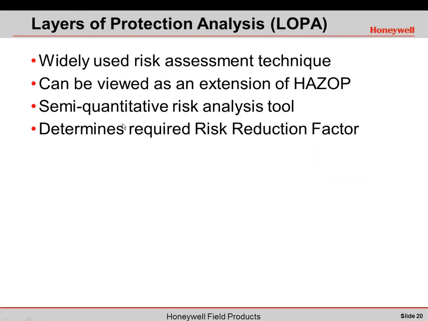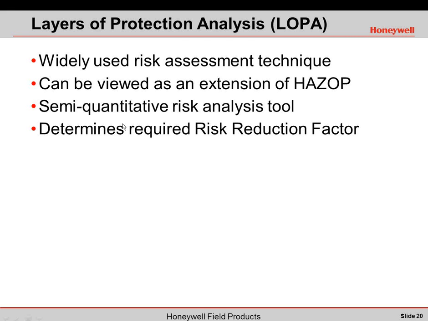So how do we develop our risk reduction that we need? Well, another tool that's used as part of this safety analysis is called a layers of protection analysis. It's a widely used risk assessment technique, and it can be viewed as an extension of HAZOP.